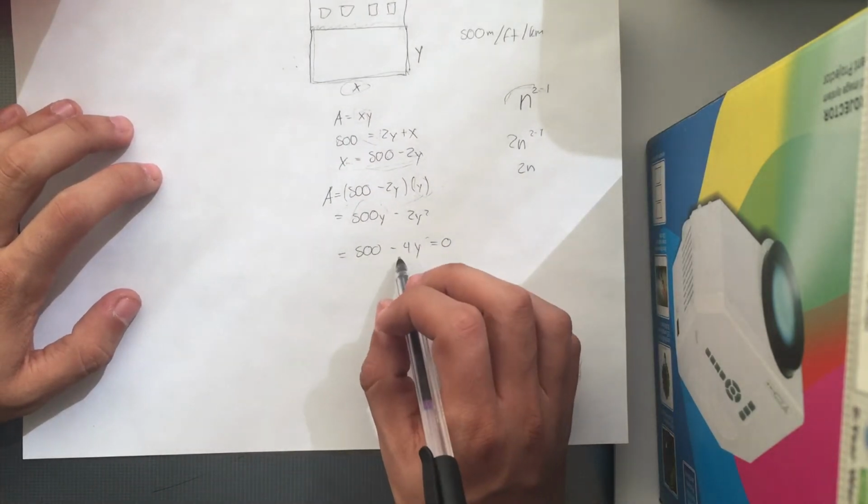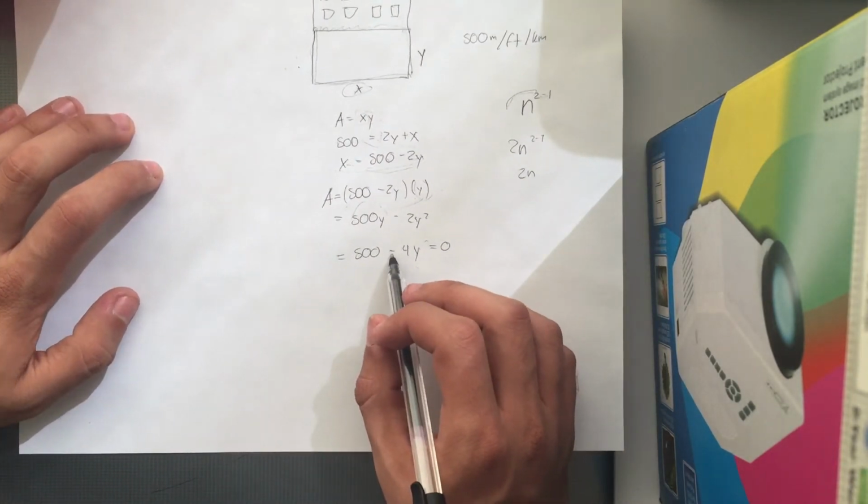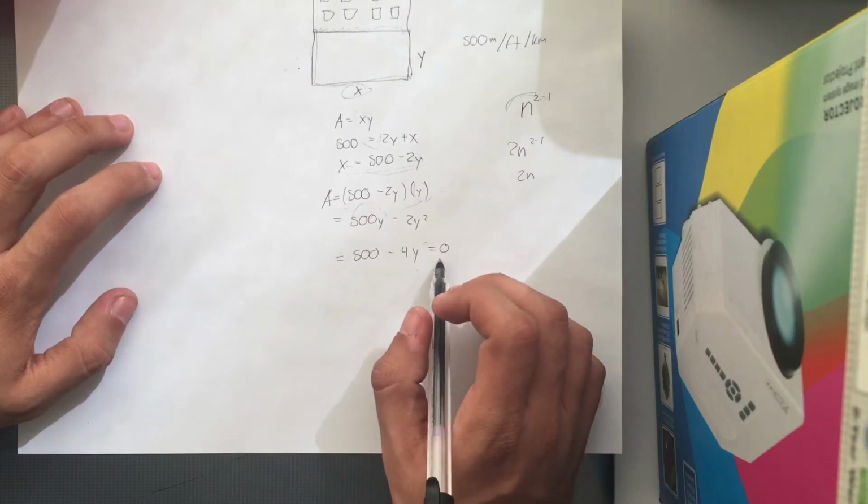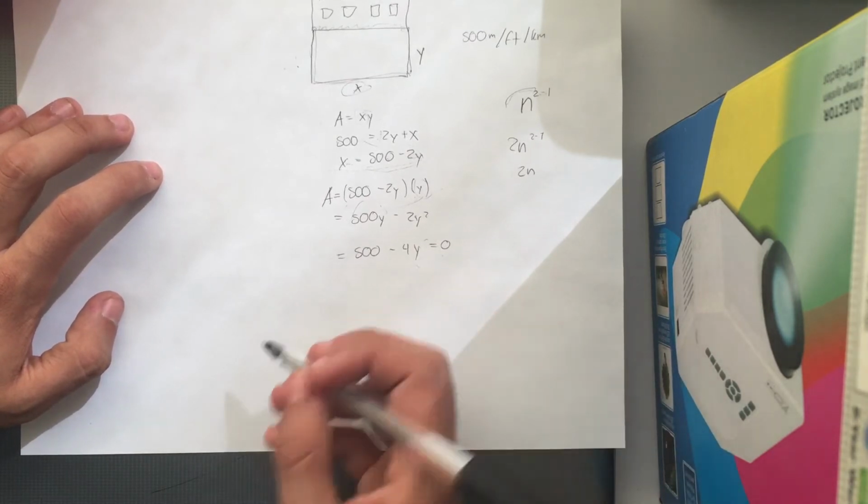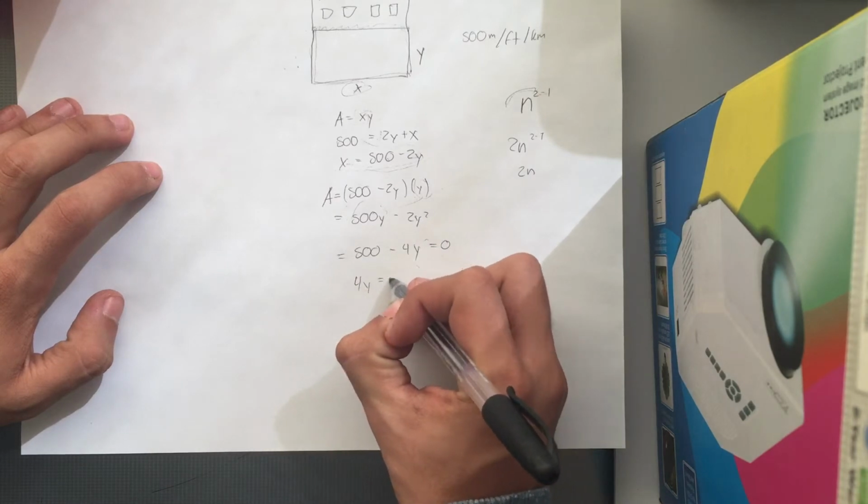So this is negative. To make our lives easier, we can pass it to the other side with a positive sign, so it's 4y equals 500.